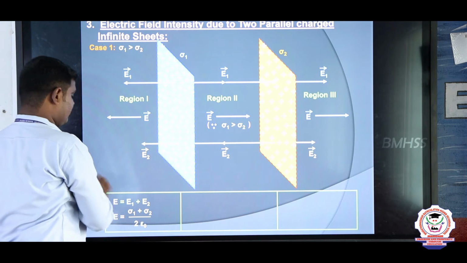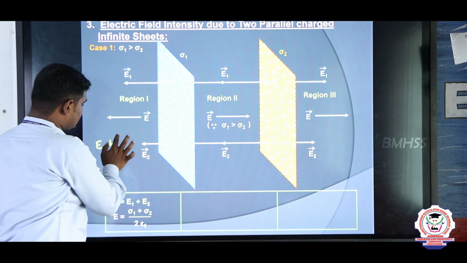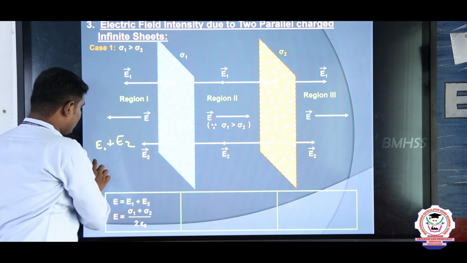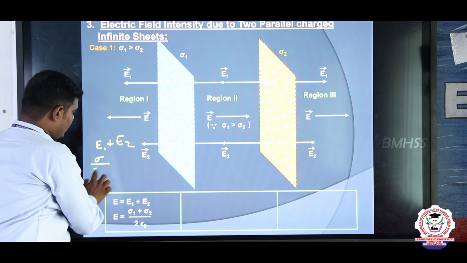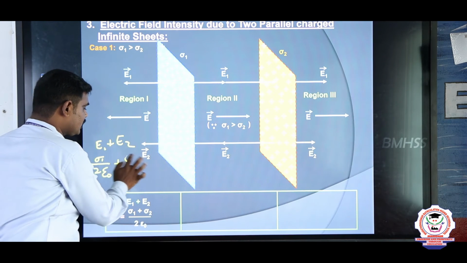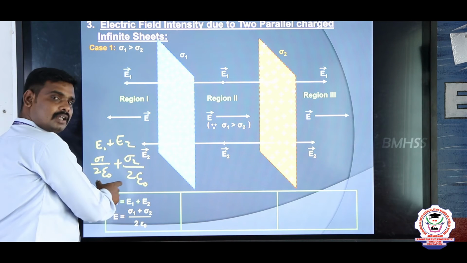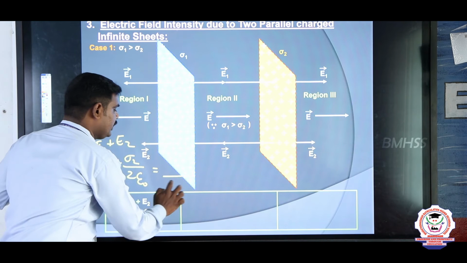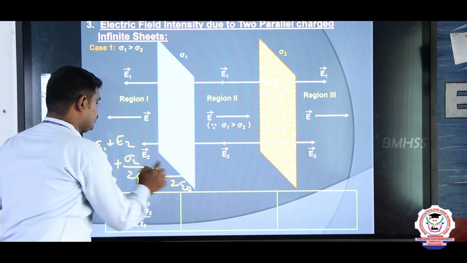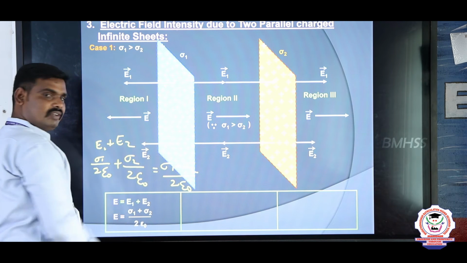Taking 2 epsilon naught common, we get sigma 1 plus sigma 2 divided by 2 epsilon naught. That is our equation.